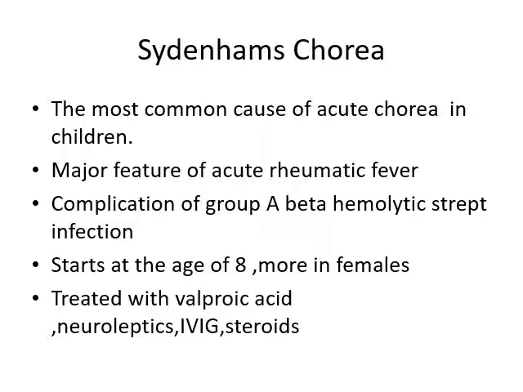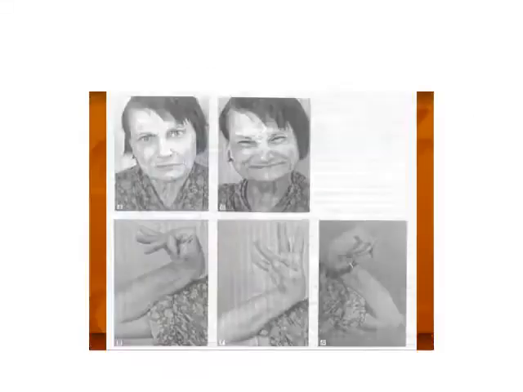It starts at the age of 8, more in females. It is treated with valproic acid, neuroleptics, intravenous immunoglobulins, and steroids. This is how the patient looks like in chorea. It's sudden, shock-like movements that are irregular and not rhythmic.